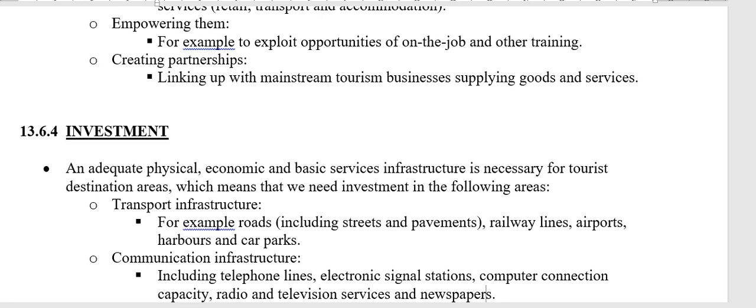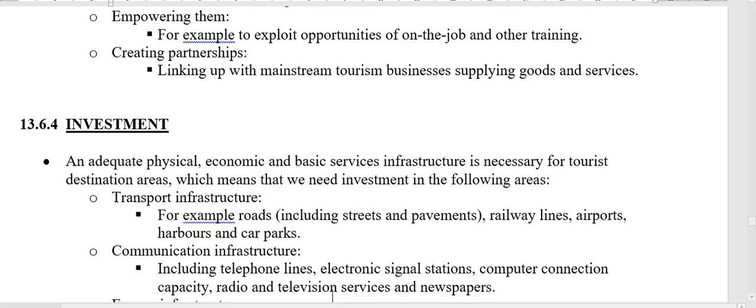The hotel is booming because of tourism. All right. So by your formal sector, mainstream tourist businesses partnering up with smaller businesses, new businesses, smaller entrepreneurs, whatever, it gives them the opportunity also to grow. Okay, it gives them a bigger share in the tourist industry. All right, and that is it for poverty.